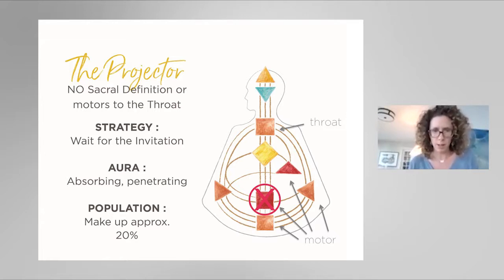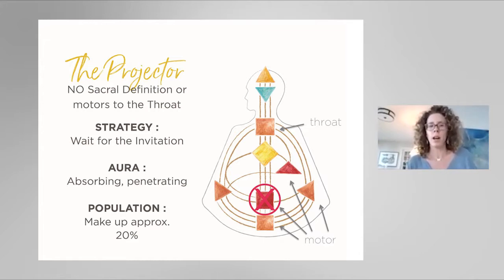So here we have the throat. And basically in the body graph, everything's trying to move to the throat. All the energy is attempting to make its way into expression, into manifestation, into action, into word.